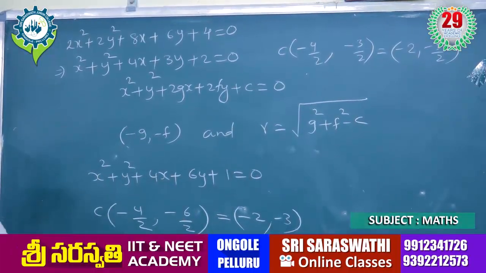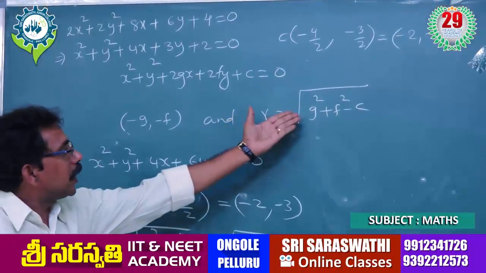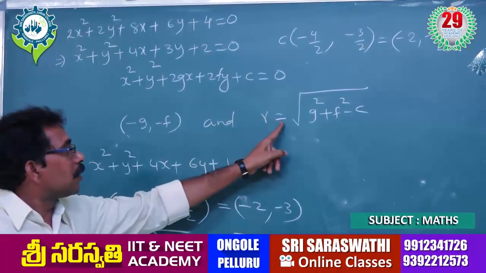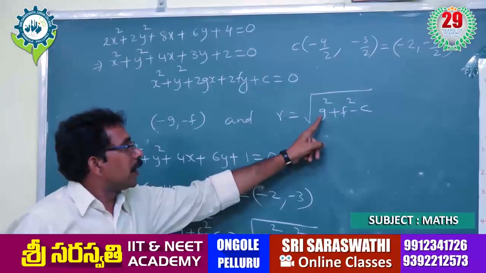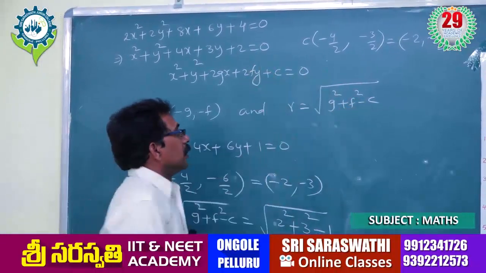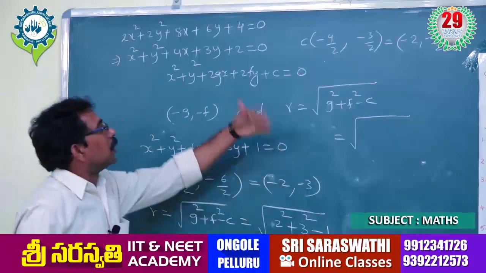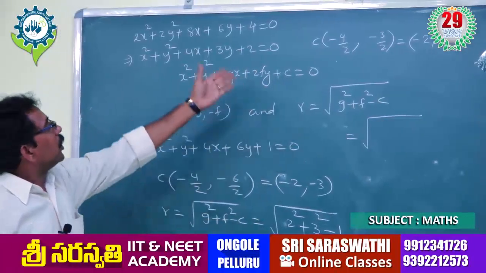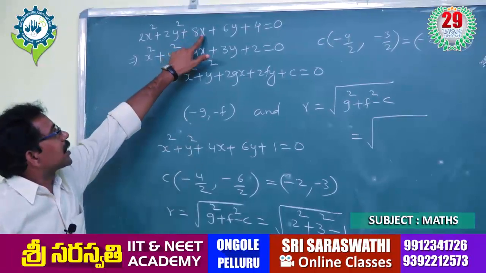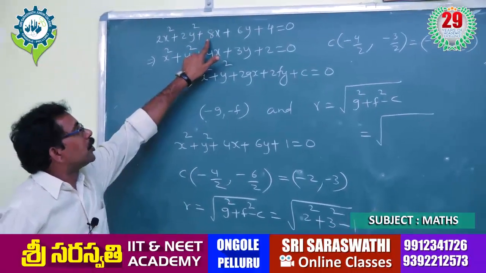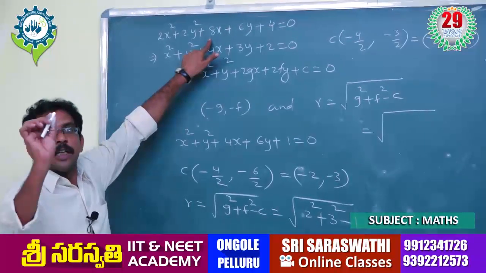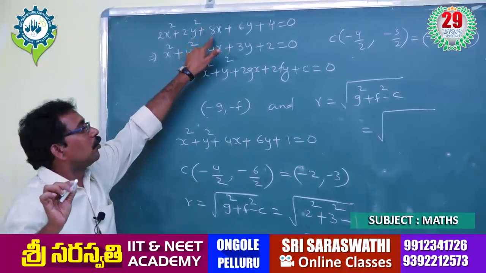And for the radius we use the same formula. R is equal to root of g square plus f square minus c. So that is equal to square root of g square. We know 2g x as 8. So 2g is equal to 8 implies g is equal to 4.